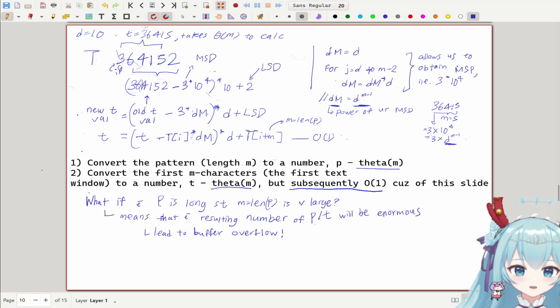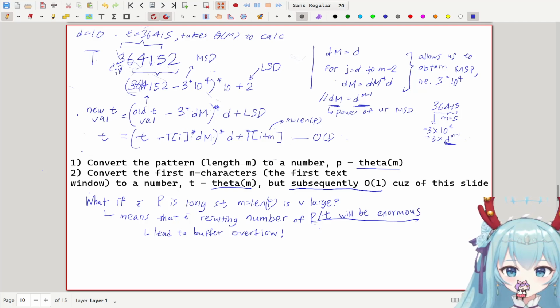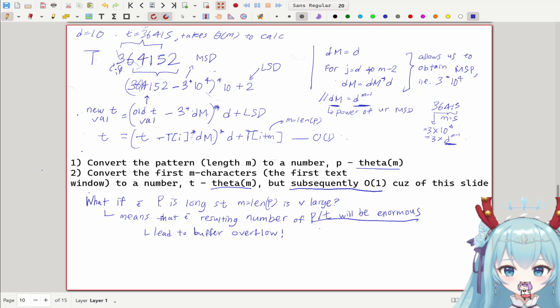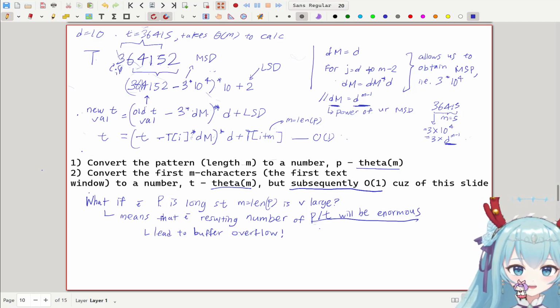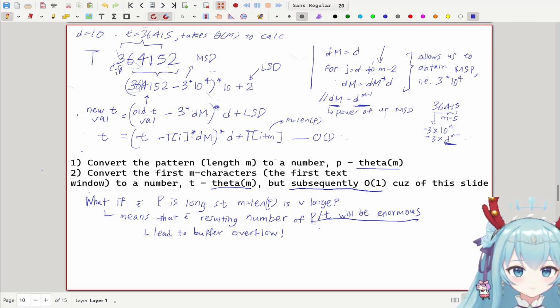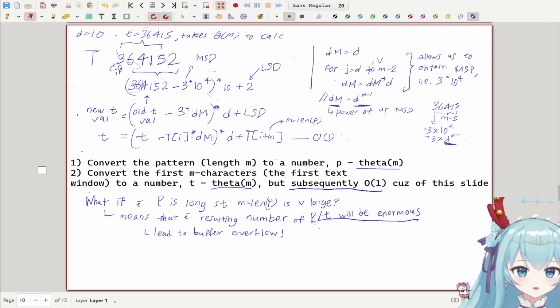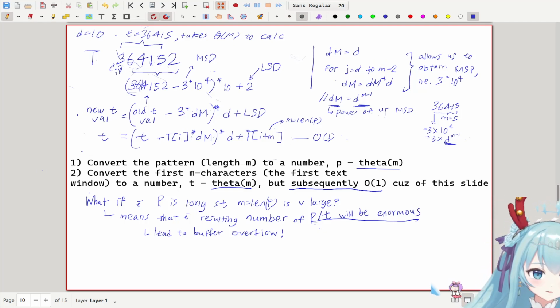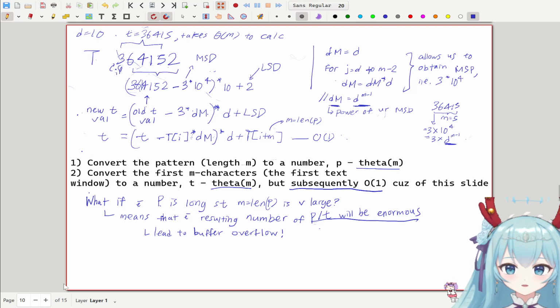And why is it enormous? It is because if you look at the code earlier over here, you can imagine that if m is large, then this for loop will run many times such that we keep on multiplying the numbers more and more, to the point where the number is way too large to store.